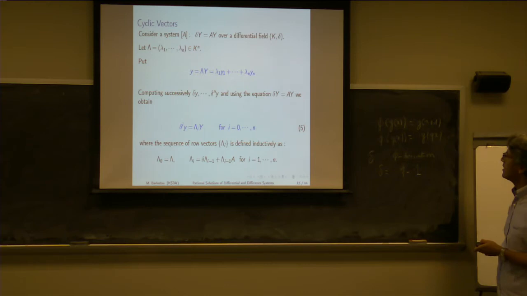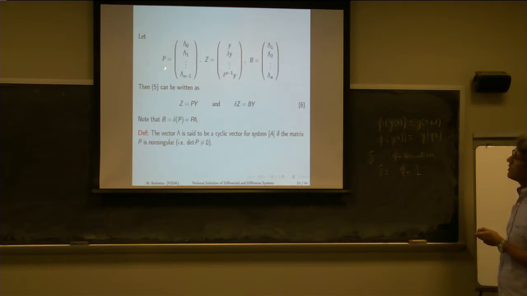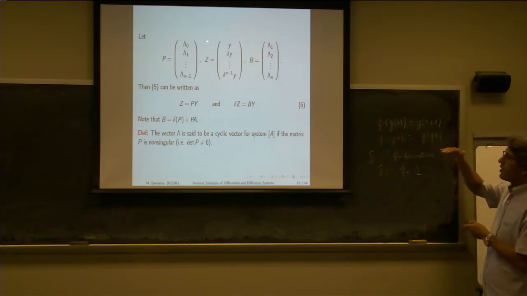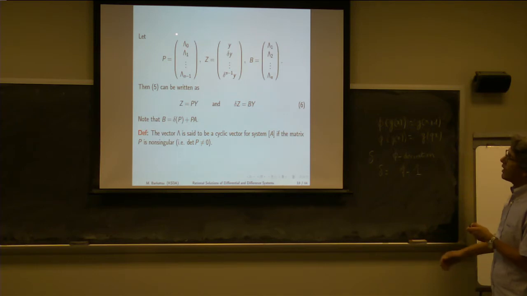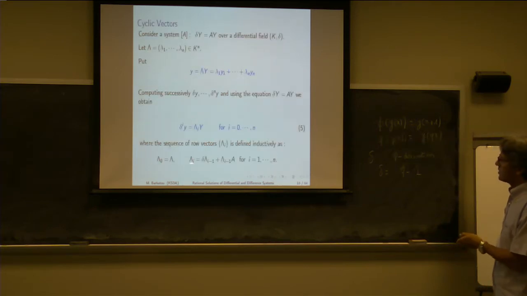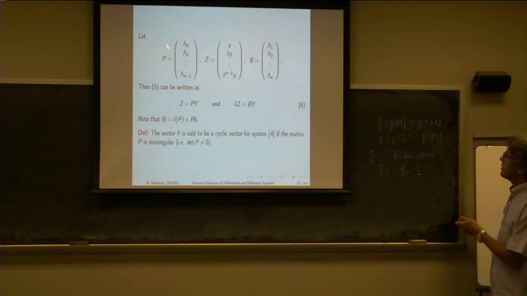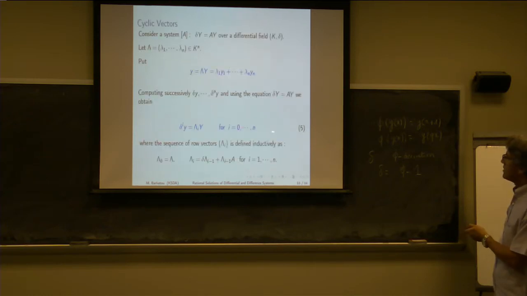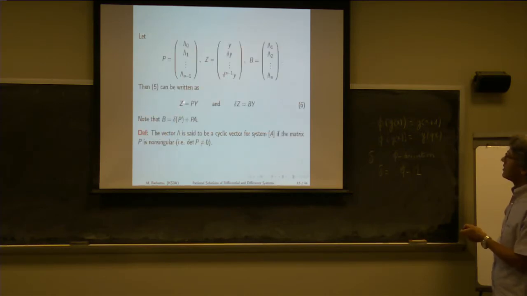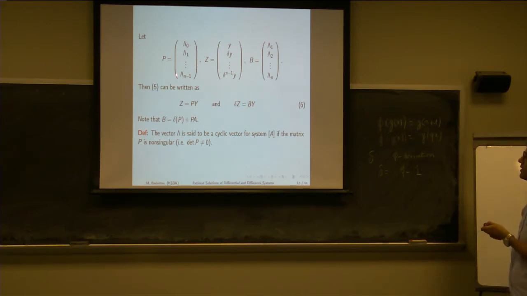If you consider the matrix P whose rows are given by the original vector lambda 0 and the vectors that we construct from it by this recurrence, and you put Z equal to this vector, and B is the matrix starting from the first row to the last row, then these relations can be written in matrix form as Z equal P times Y, and delta Z equal B times Y, where B is exactly the derivative of P plus P times A.